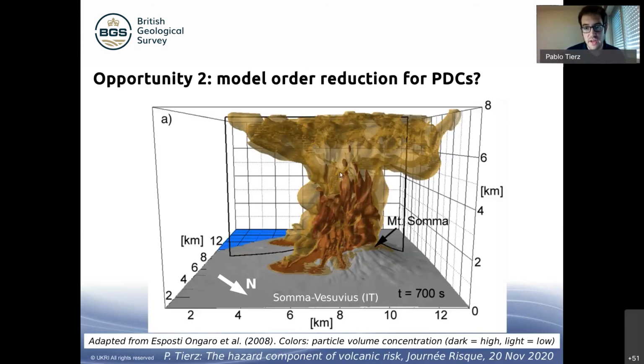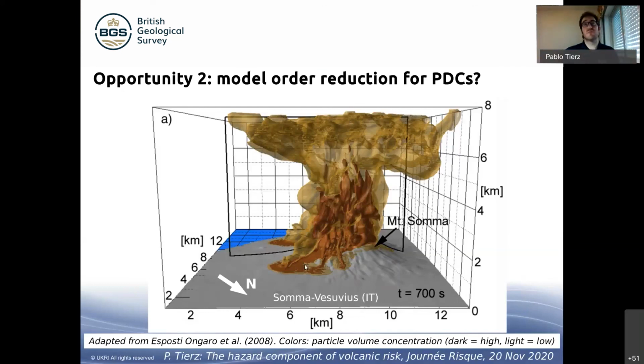This model is looking at this whole process. The material is ejected vertically. It cannot become buoyant, and it basically collapses back to the ground. And you model how these flows propagate onto real 3D topography, etc. But you're looking at just PDCs here, so it's just a single hazard.